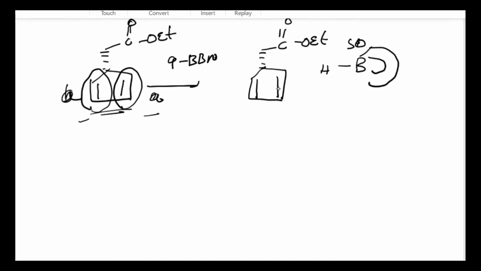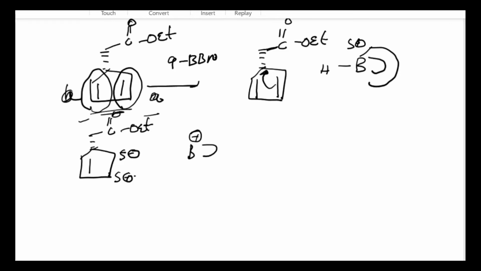Now another question is to which side the boron will add. Since there is a C=O, the electrons will shift towards this side, developing a partially negative charge and a partially positive charge here. So the positive boron species will interact with the negative side, and the H minus will interact with the positive side, like this.